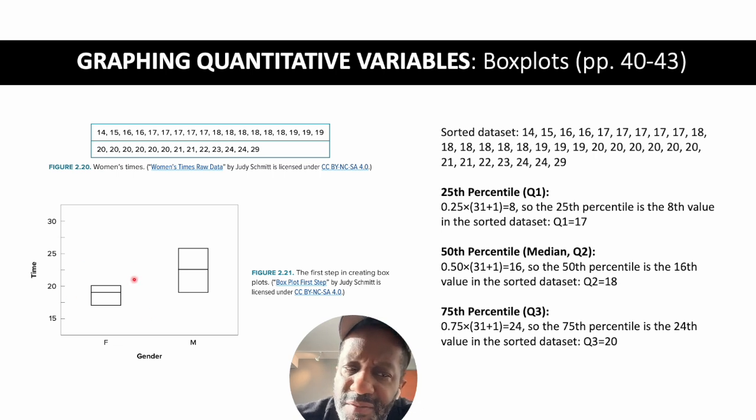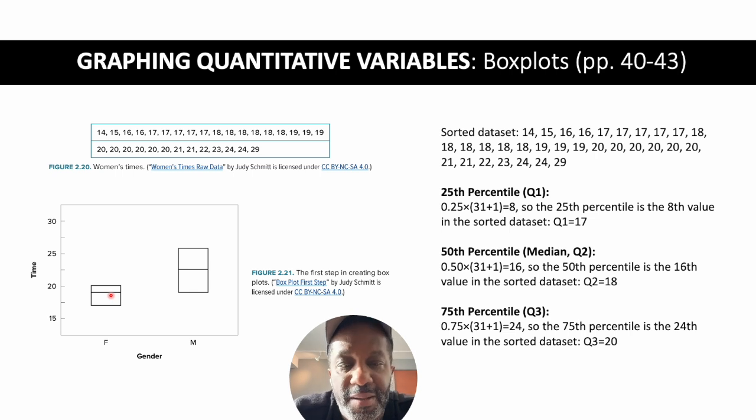If you take a look at the female, you can see that the 50th percentile is a little bit higher. It's not in the center. It's closer to the top, which again gives us the idea of skewness, that this would also be positively skewed. If that's not intuitive, wait for a bit, it may become clearer.